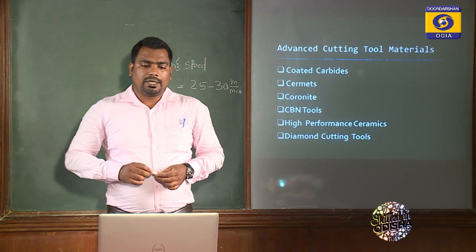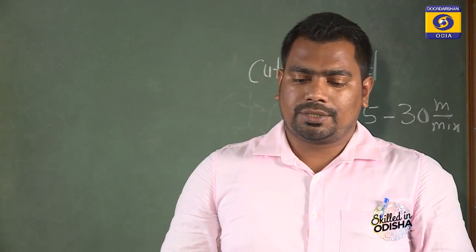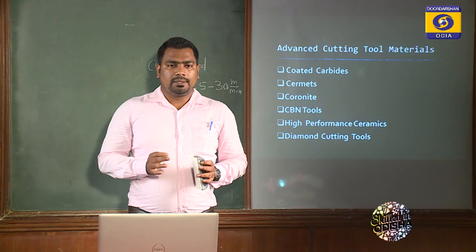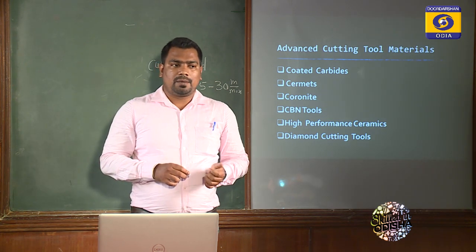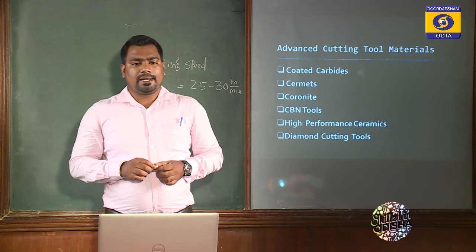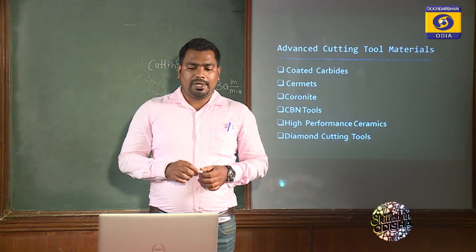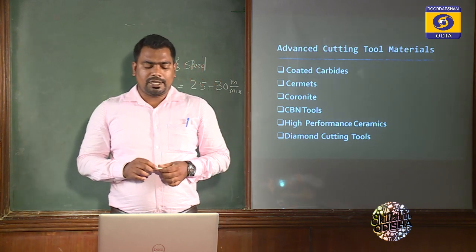Apart from these cutting tool materials, we have advanced cutting tool materials, which are coated carbides. In coated carbides, we have a coarse core material covered with other materials like titanium carbide, tantalum carbide and titanium nitride, etc., to improve the cutting parameters like high cutting velocity, cutting speed.